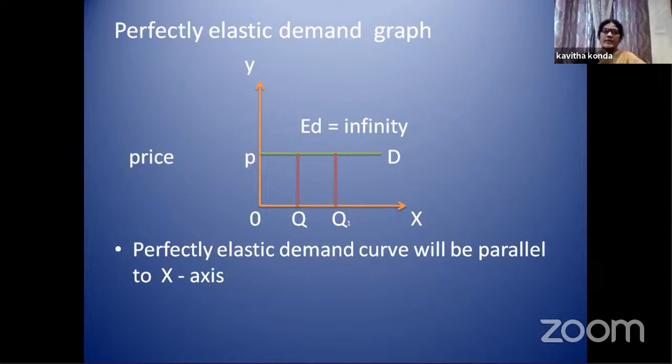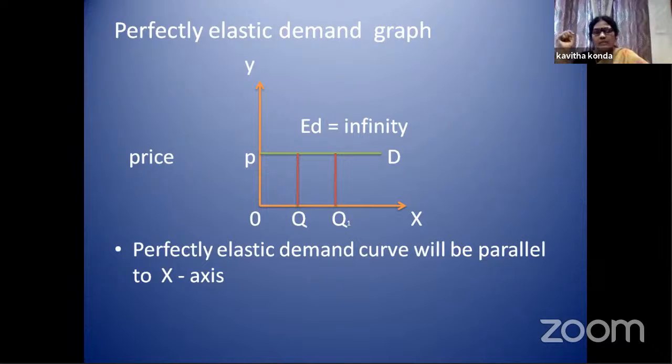This infinite demand can be represented on the perfectly elastic demand graph. On the OY axis, we take the price, and on the OX axis, as usual, the quantity demanded. Here you can see the demand curve is parallel to the OX axis. Why? Because without a change in the price, a greater change in the demand can be noticed.